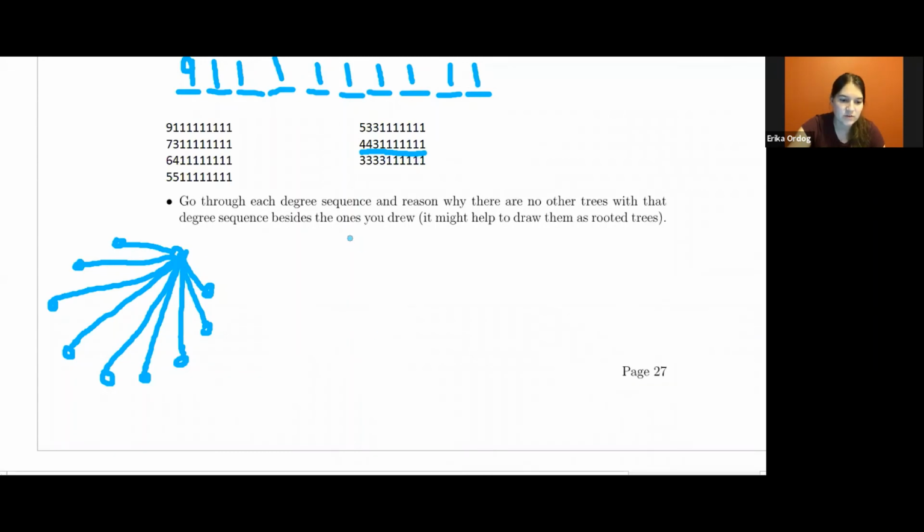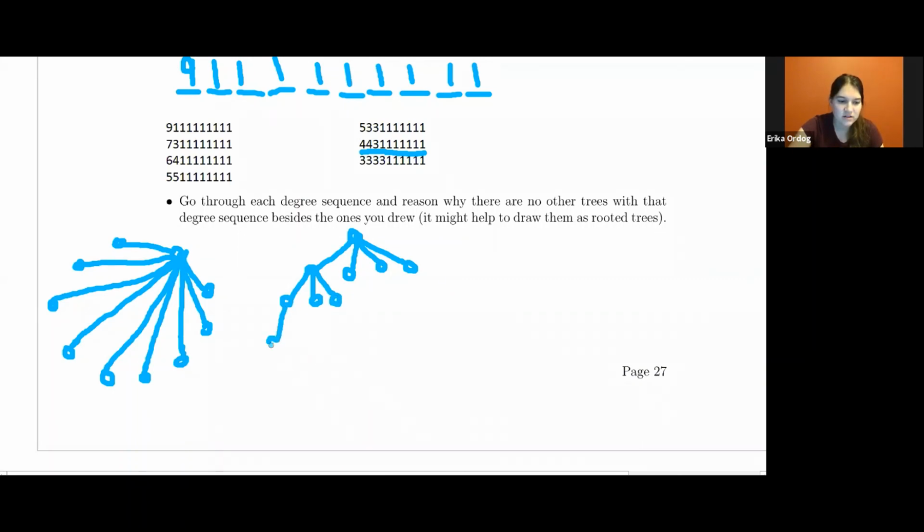Let me redraw that over here so we have more space. Let's choose the root to be a vertex of degree 4. Okay, then what can we do? Well, we can make this one have degree 4. And then where do we want our vertex of degree 3?